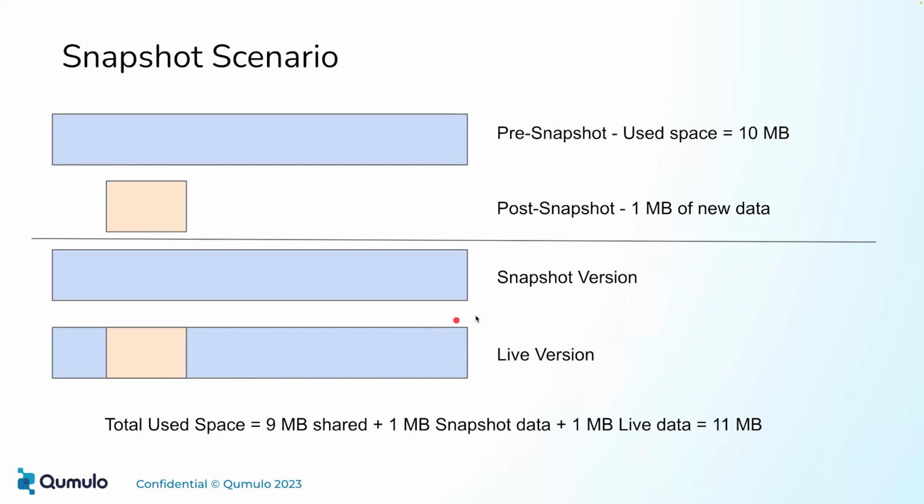Now, the actual consumed capacity in this case is going to be basically the original file and the new data. So we don't make another whole copy of the file, and we don't store both of these. We don't store 20 megabytes of stuff. We are storing now 11 megabytes of stuff, the original file and your changes.